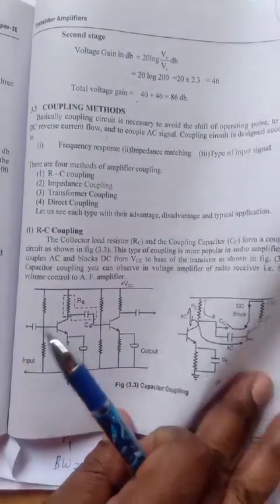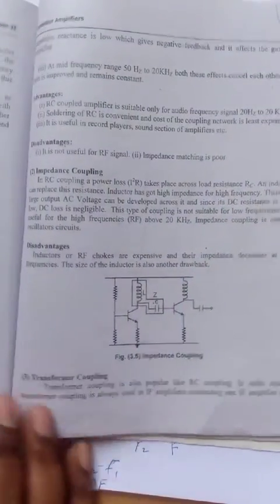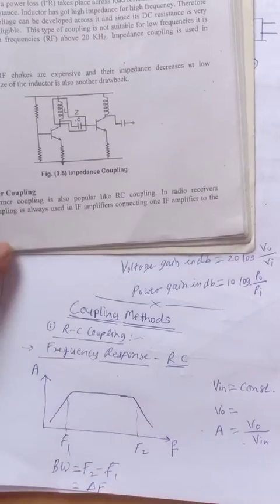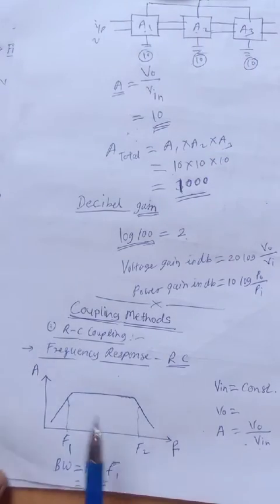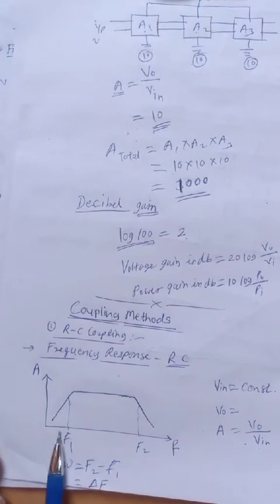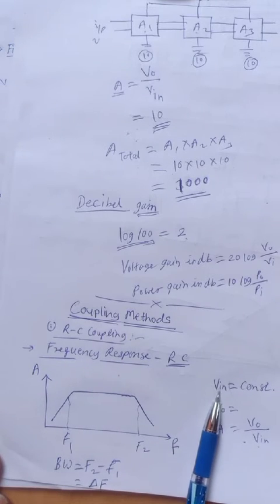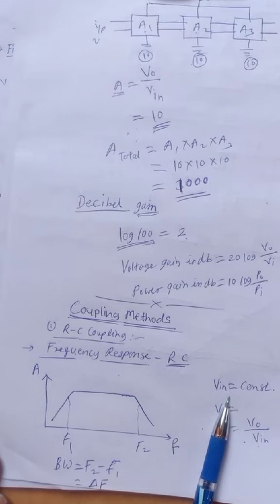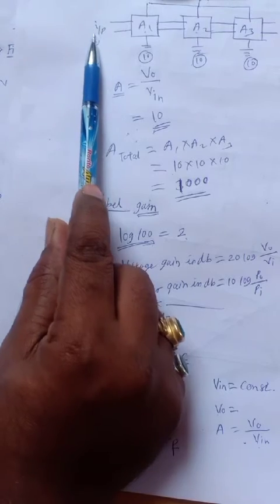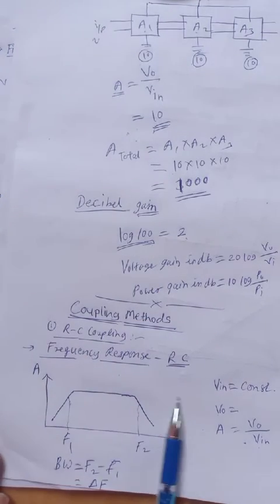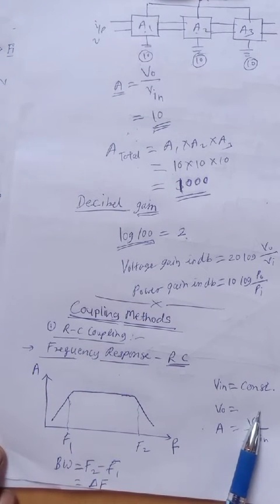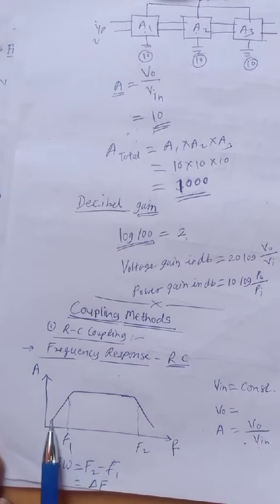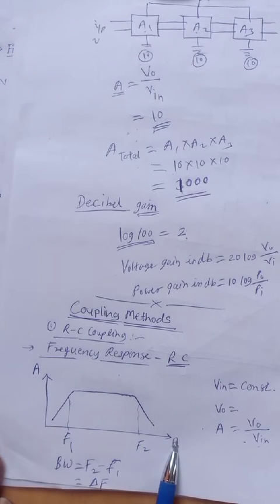Last time we saw the frequency response of this RC coupling. Frequency response means you keep the input voltage constant, whatever input voltage you have applied, and just measure the output voltage for different frequencies.